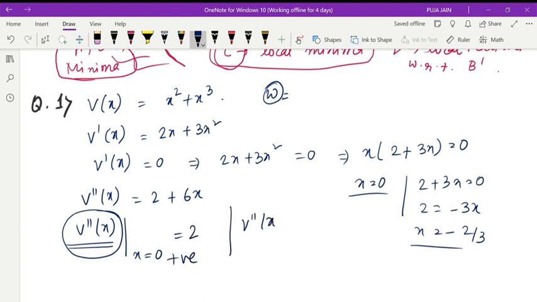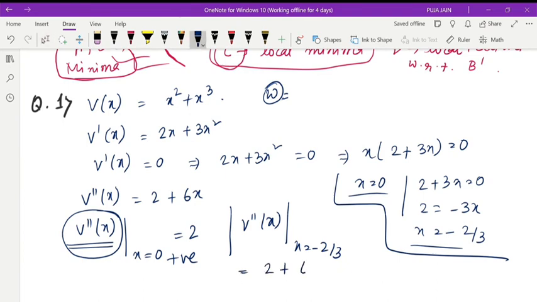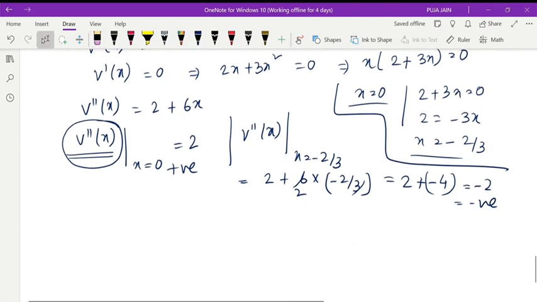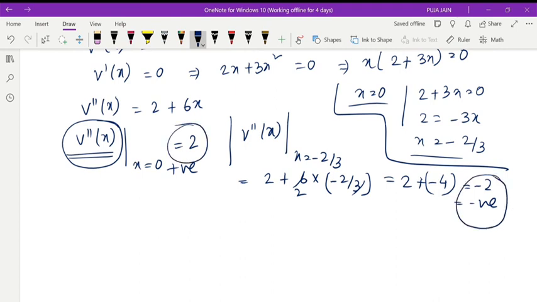At x equals minus 2 by 3, we are getting 2 plus 6 into minus 2 by 3, that is 2 minus 4, which equals minus 2. That is a negative value. So we are getting a positive value at x equals 0 and a negative value at x equals minus 2 by 3.